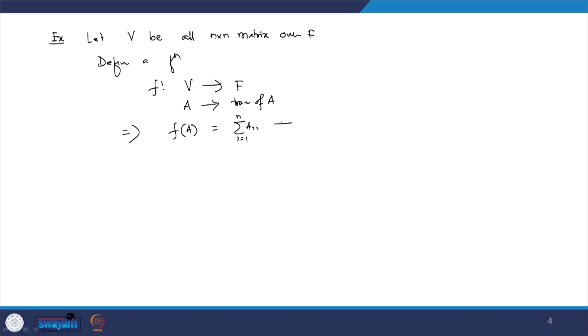If I consider this as the definition of the function, then we can immediately check this function is also a linear transformation from V to F. I mean this function f is a linear functional.